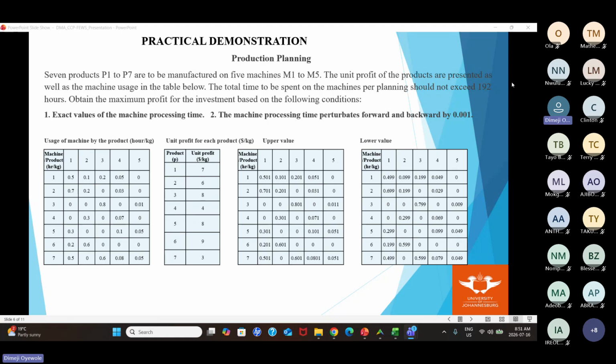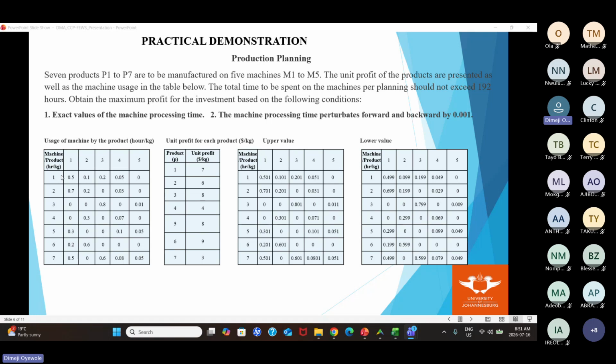Here we are asked to obtain the maximum profit for the investment based on the following conditions. Number 1, exact values of the processing time. This is the processing time that we have. In this table, we have machines 1, 2, 3, 4, 5, and products 1 to 7.